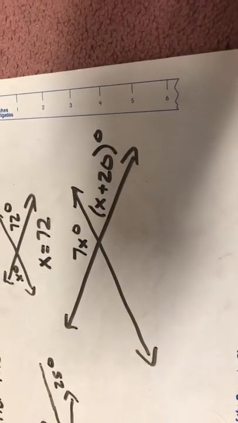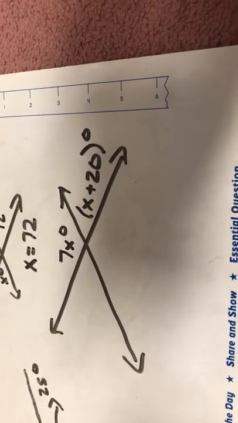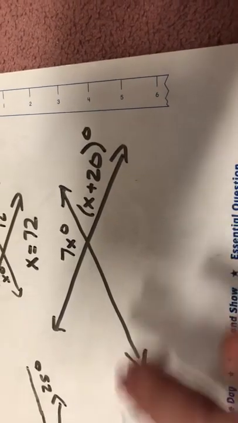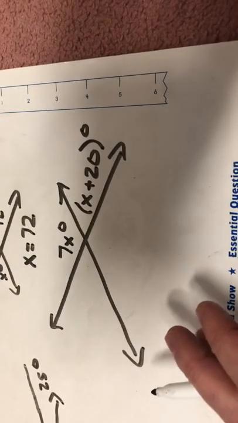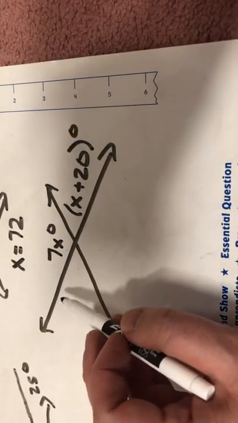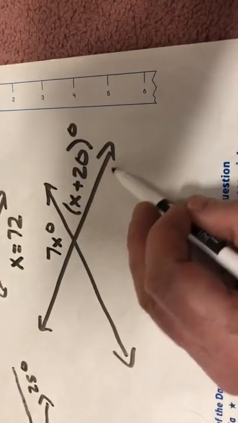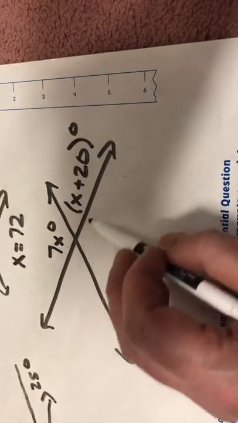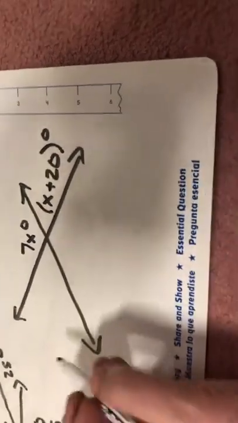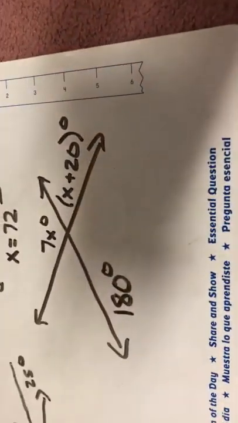We have the obtuse angles, which are bigger than 90 degrees, but not quite 180 degrees or a straight line. This line is actually a straight angle. It is actually an angle, and so it's what we call a straight angle. And a straight angle is equal to 180 degrees.